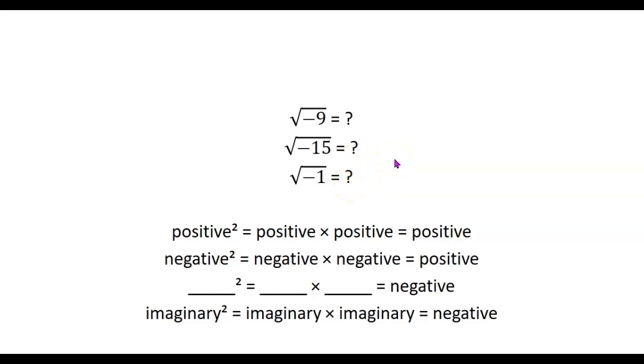That would mean the number that when you square it, when you multiply it by itself, you end up with that negative number. But a positive number times itself is always positive. And a negative number times itself is also always positive. So how can you start with a number, multiply it times itself, and end up with a negative number?